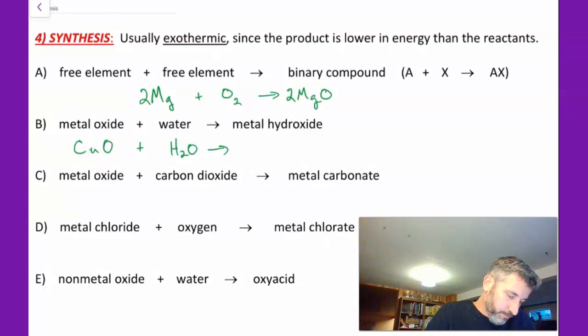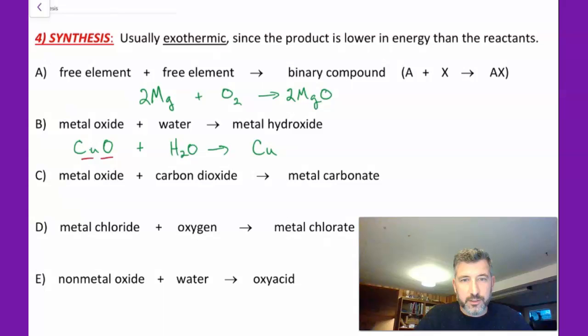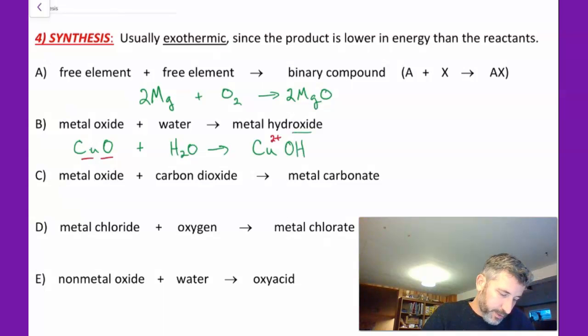Okay, so the metal hydroxide would be that same metal that we had on the left, copper with a 2 plus charge, and I know that it's copper 2 plus because there's a 1-to-1 ratio with the oxide, which is 2 minus. Hydroxide is 1 minus. Hydroxide refers specifically to the polyatomic ion hydroxide, OH 1 minus.